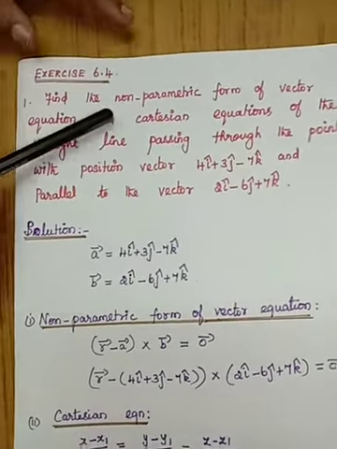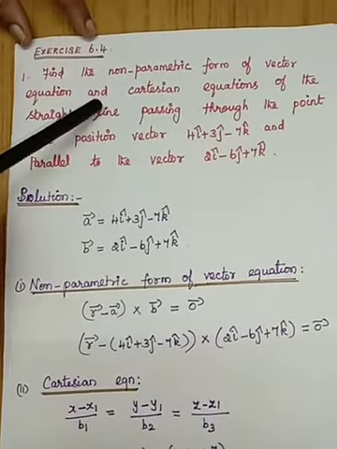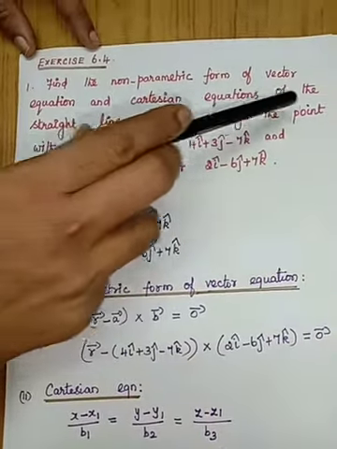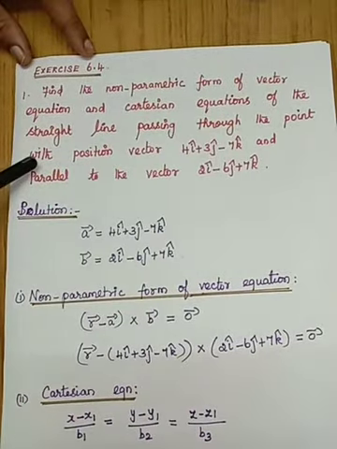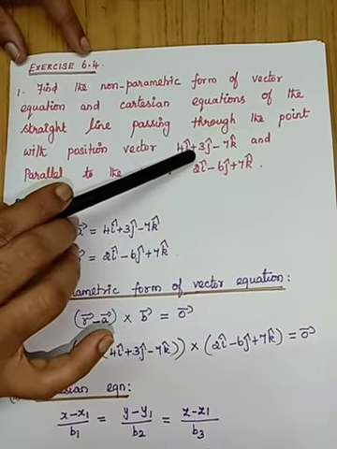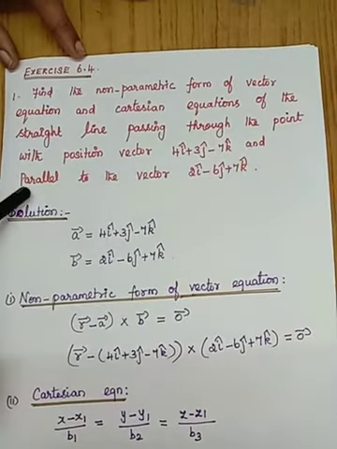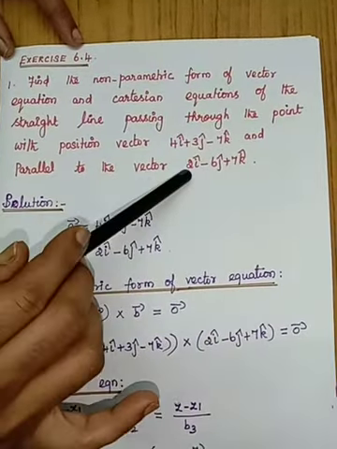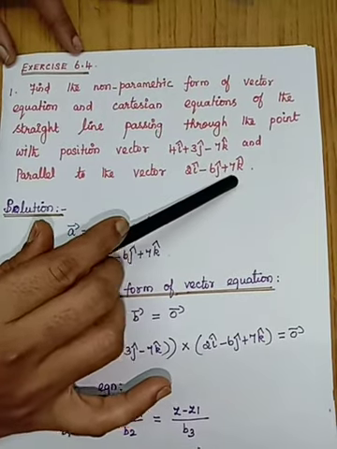Find the non-parametric form of vector equation and Cartesian equations of the straight line passing through the point with the position vector 4i cap plus 3j cap minus 7k cap and parallel to the vector 2i cap minus 6j cap plus 7k cap.